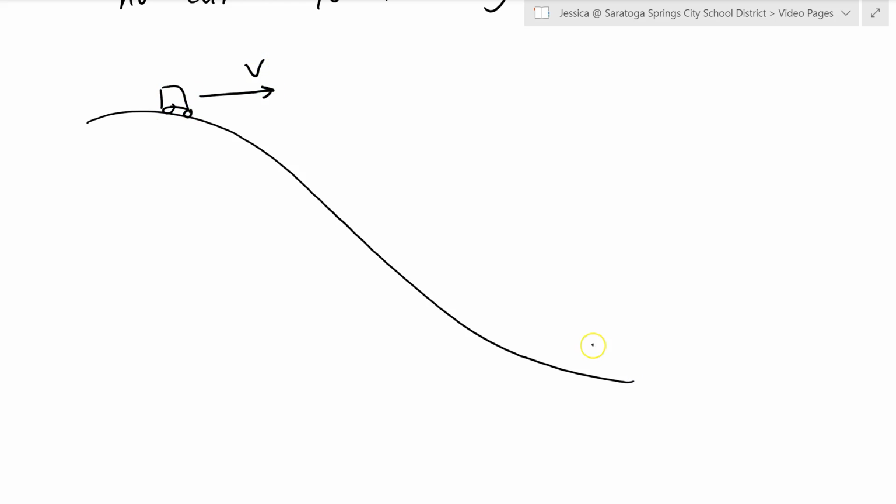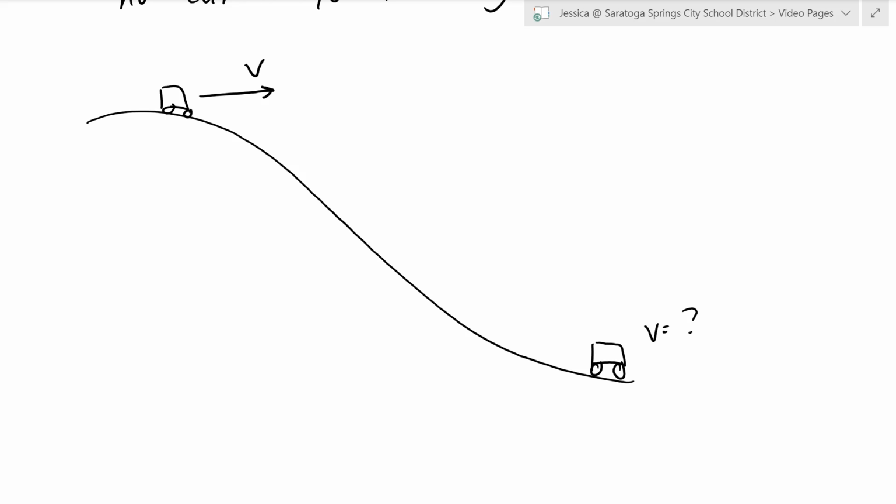Okay. So let's talk general problem-solving process. Let's say we have a cart that is on top of a hill moving with a speed v, and then it comes to the bottom of the hill, and we're trying to figure out what the speed at the bottom is. Anytime your system changes position, it's a pretty good hint that we're going to need conservation of energy.